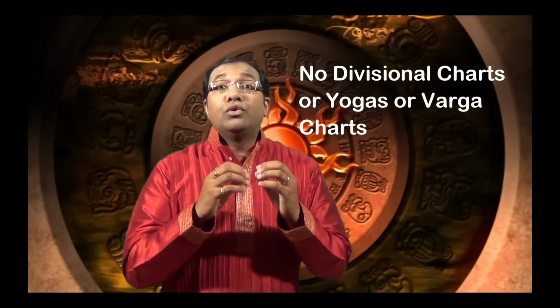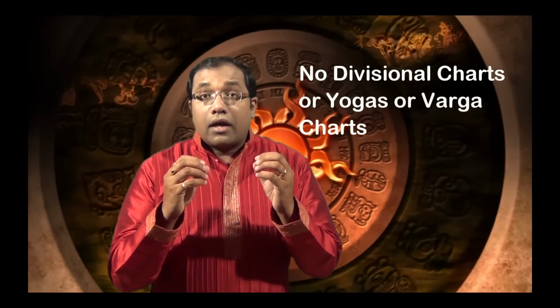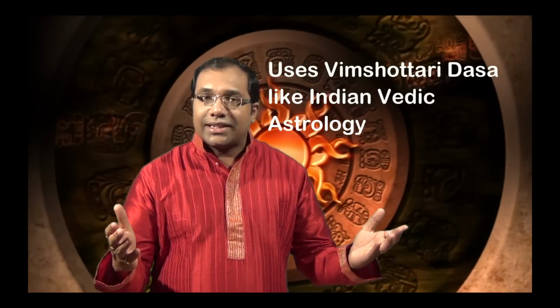It does not use any of the Amsha charts like Dashamsha, Trishamsha, Shashti Amsha or Navamsha. It does not use these kinds of charts, but there is a great deal of overlap between KP astrology and Vedic astrology. Just like Vedic astrology, KP astrology also uses the Vimshottari Dasha system.